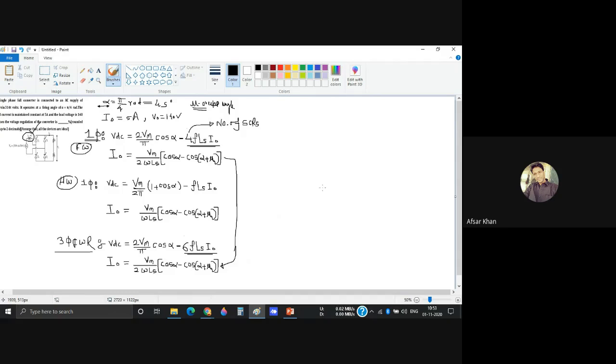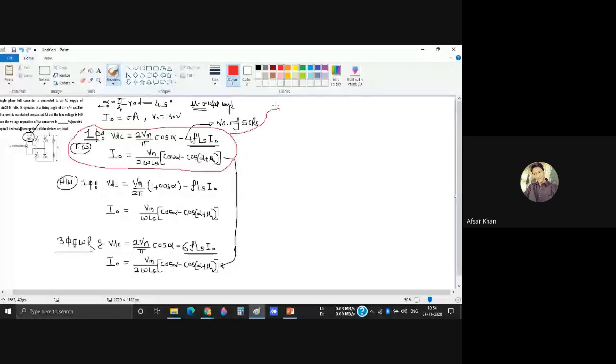Now we have to solve it for regulation. We have just revised these formulas, so we don't need to use everything. We just need this one, the single phase full wave. Focus on this.